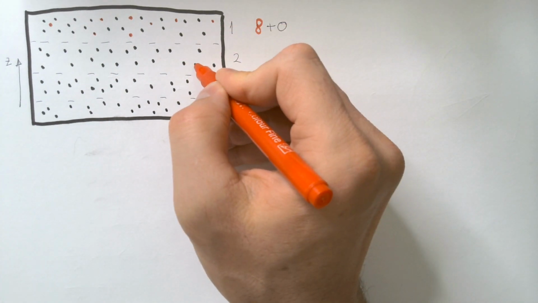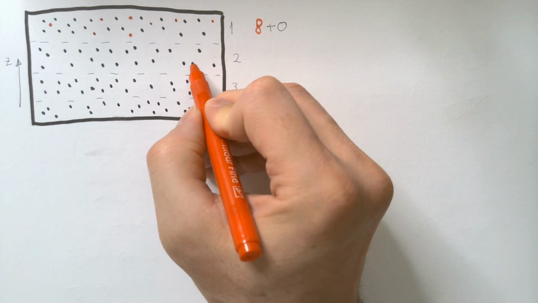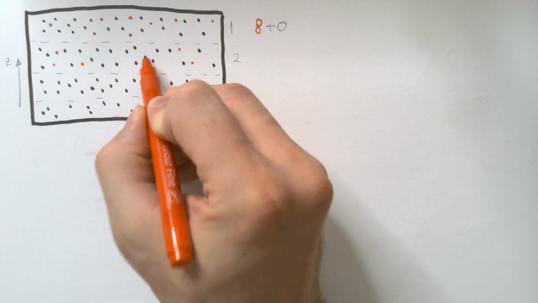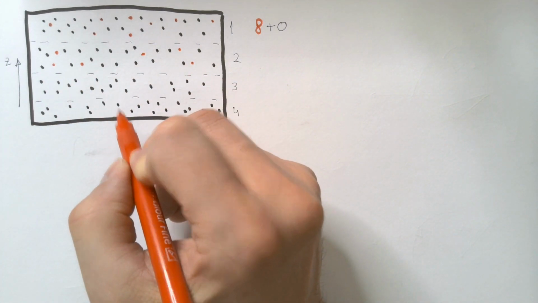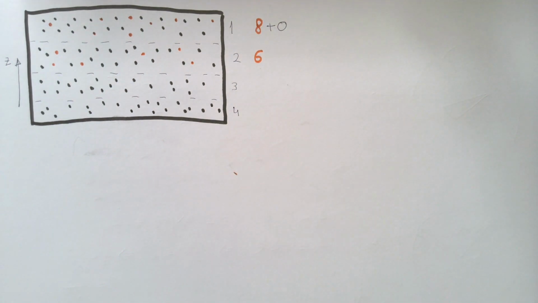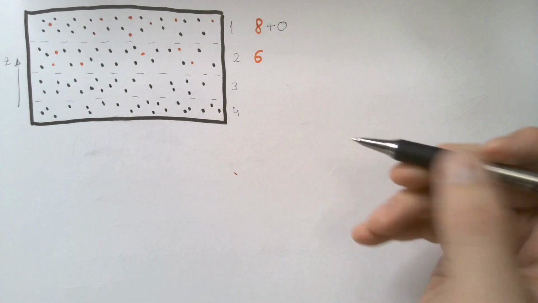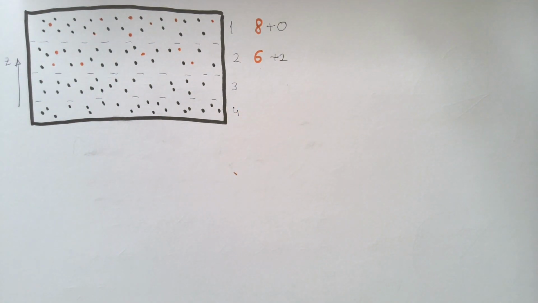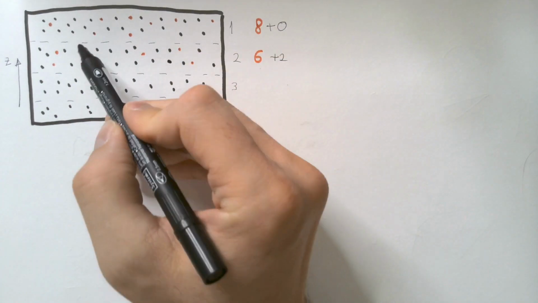Here I will add 6 red particles. 1, 2, 3, 4, 5, 6. So I added 6 red particles, but to have the same number of particles everywhere, I have to add 2 more black particles here.